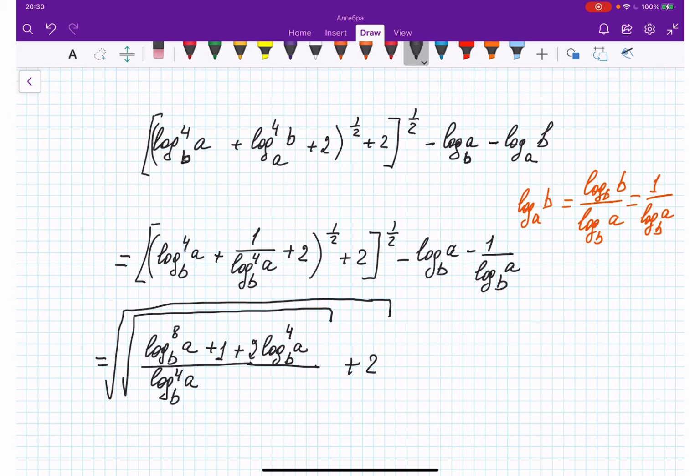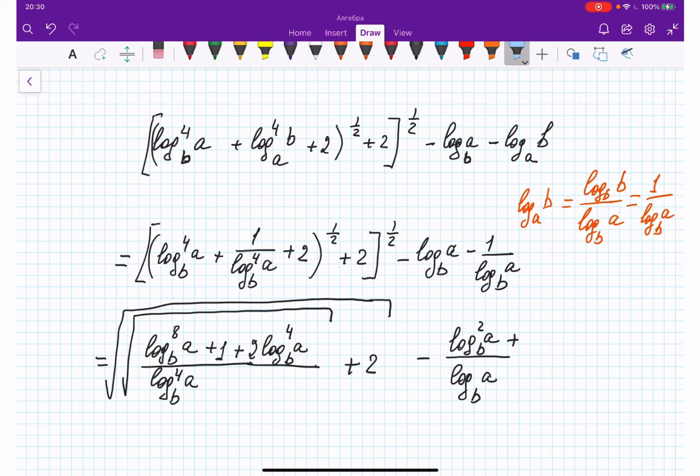All right, and we are getting here minus, I'm going to combine these two logs also, logarithm a by base b, and I will have logarithm a by base b squared, and it's going to be plus because we have a negative in front, right?